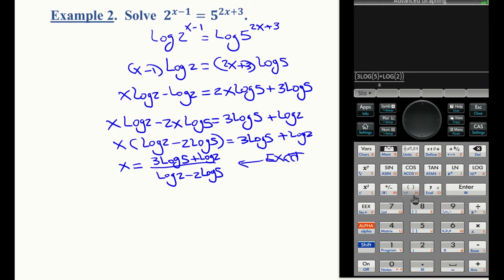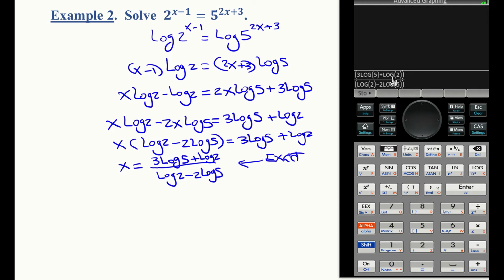So divided by, now we'll parenthesize the denominator as well, even though it's not absolutely necessary here because of the way this calculator works, but just to be on the safe side. So we'll say log 2. Again, we're going to want to exit that first close parentheses, and then minus 2 log 5. All right, and we should be finished.